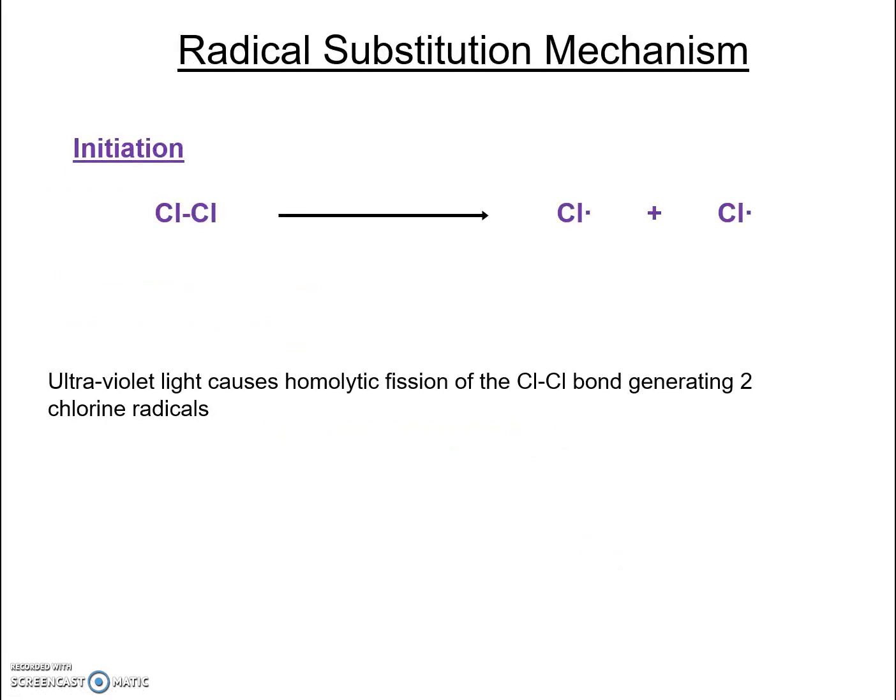First step, initiation. The ultraviolet light causes homolytic fission. Homolytic because upon splitting we are left with the same species, i.e. we've made two chlorine radicals, and that's the first step.